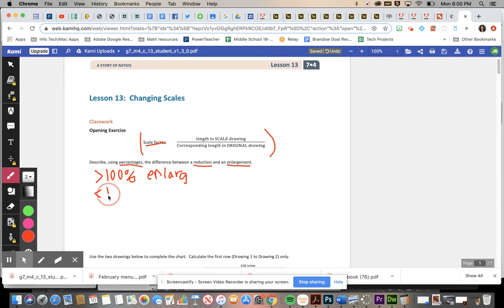And if we're less than 100%, even 99, 98, it's going to be a reduction. Okay.